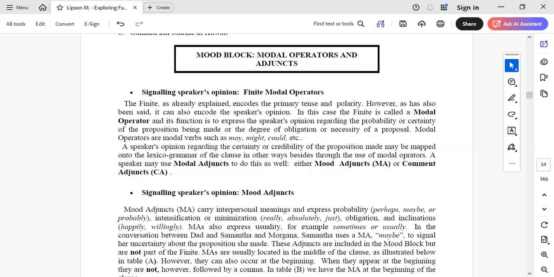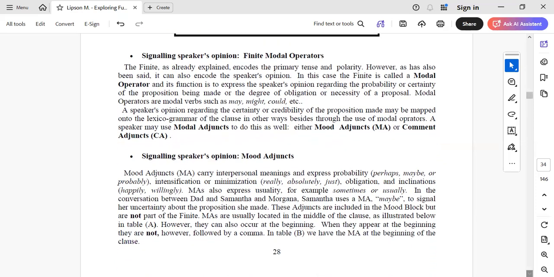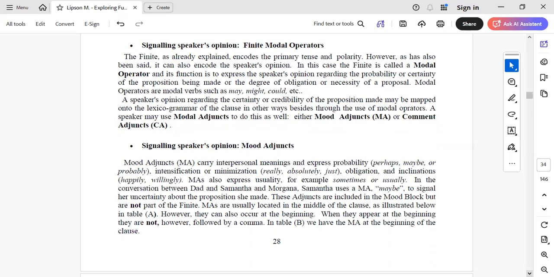These adjuncts are included in the mood block but are not part of the finite because they don't indicate finiteness. They don't indicate any tense, right? So if I say, maybe you are right, is there any indication of tense or time in maybe? No, sir. So that's what they're saying, that mood adjuncts usually don't carry any sort of finiteness, right?